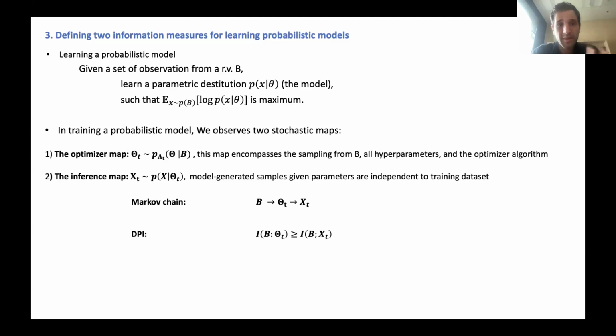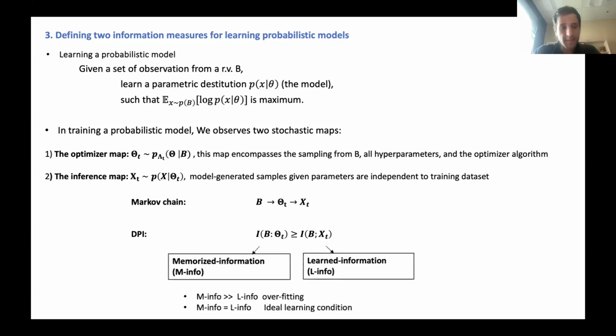Now we are getting close to defining two important information measures from the data processing inequality. This data processing inequality is just the natural consequence of this Markov chain, but it has a profound interpretation, I would say, in machine learning that I'm going to talk about.